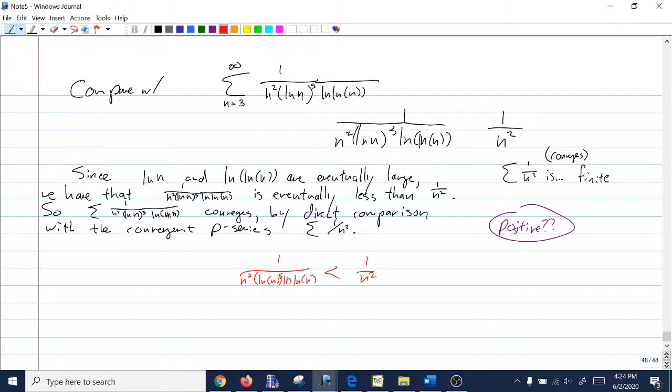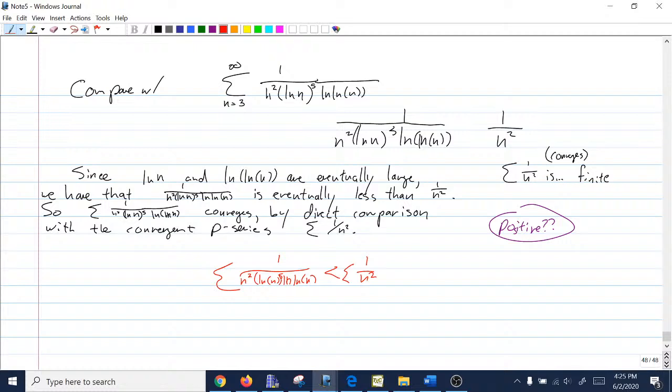I want to make sure I'm talking about the terms of the series, not the sum. It's true for the sum, but the reason I'm allowed to use the direct comparison test is because the term is less than the term. The term less than the term is the hypothesis that I want to show. The sum less than the sum is one of the conclusions you get from that.